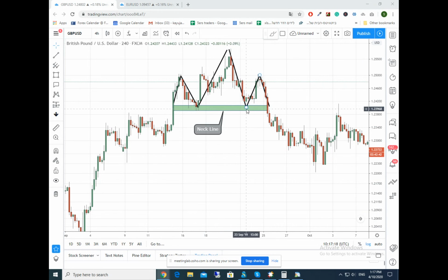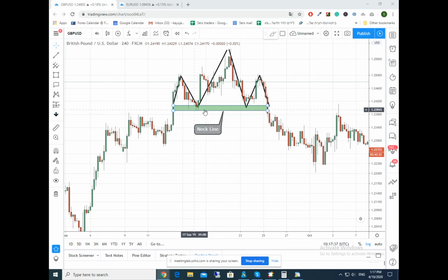That indicates that the sellers are starting to get back into the game and maybe to become dominant again, after the buyers, with this bullish momentum, had the upper hand.